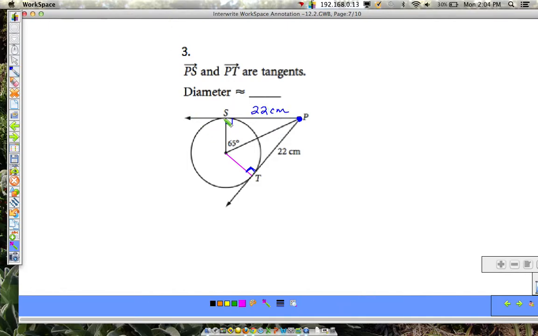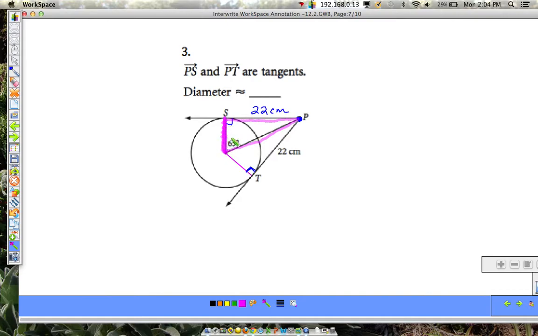So I'm just going to look at this triangle. We want to find the diameter. Here's this triangle. Remember, diameter is 2 times the radius. So which segment am I going to need? We're going to actually need this segment from S to the center, or we could find this segment T to the center, but we're just going to focus on this right triangle.